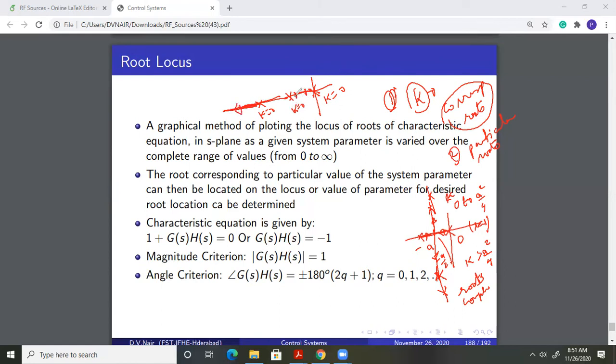Why? We will see. Whereas these two branches that generate at these two poles move towards each other. And we see that as k increases, the branches break from the real axis and get this kind of direction. So as k increases, the root locus moves into the right half of the S-plane.